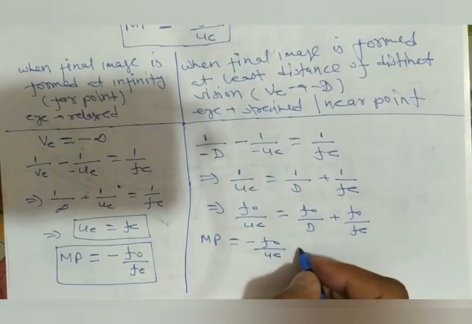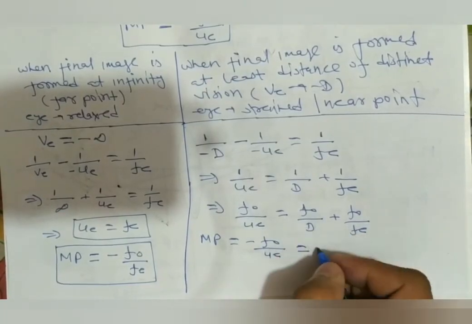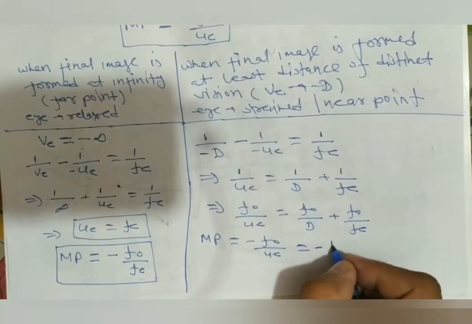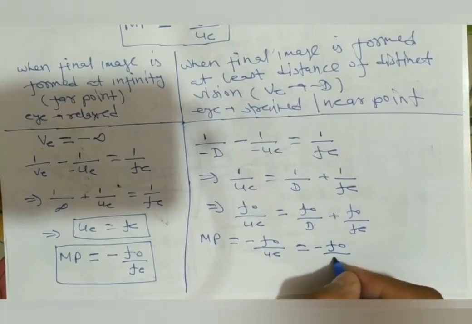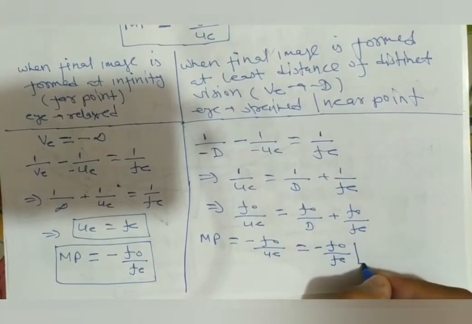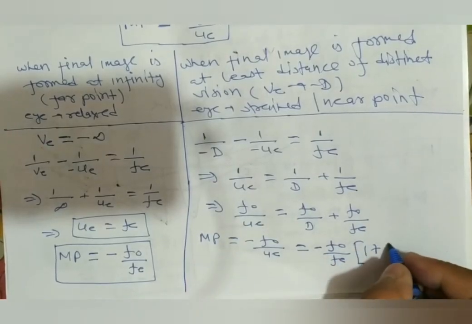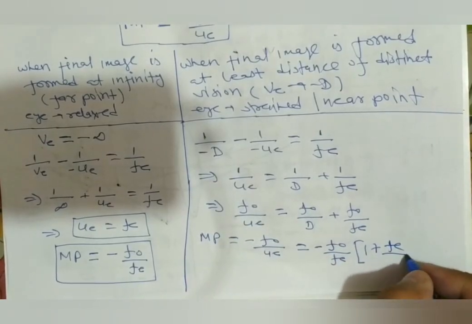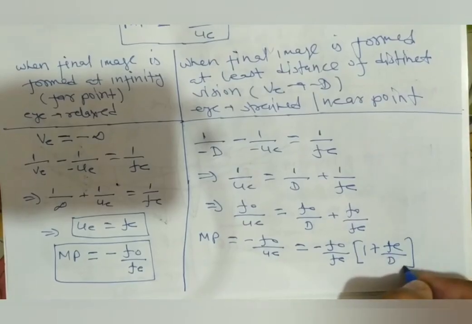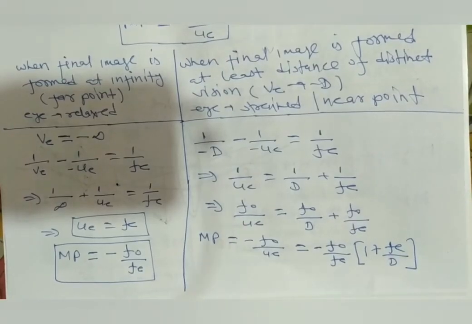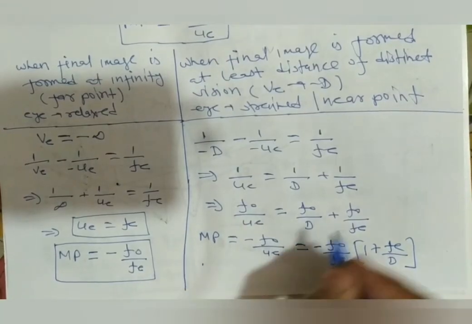Now MP, the magnifying power, is minus f naught upon UE. Just take the minus sign and take f naught upon FE as common, so it becomes 1 plus FE upon D. This is the final magnification.